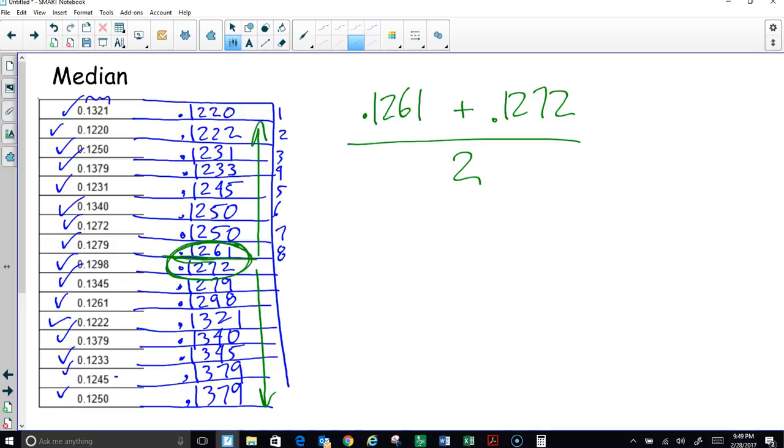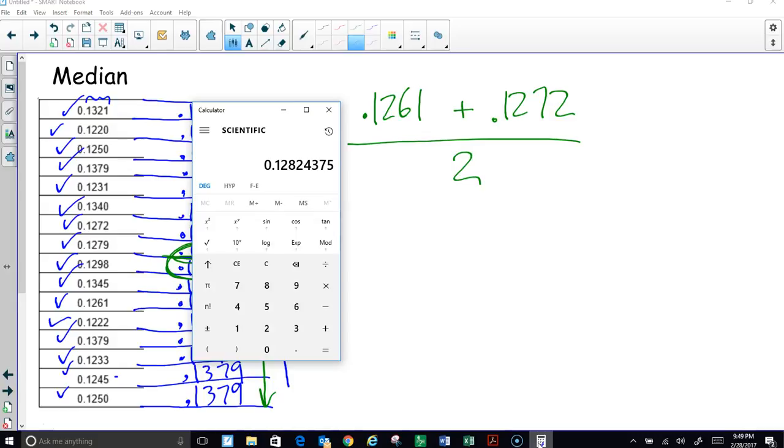So in this case, I've got 0.1261 plus 0.1272, and then divide by 2.